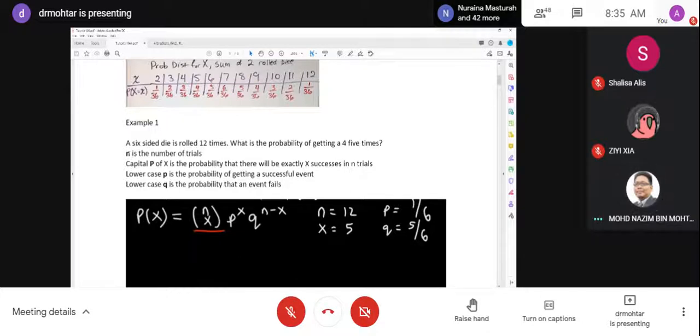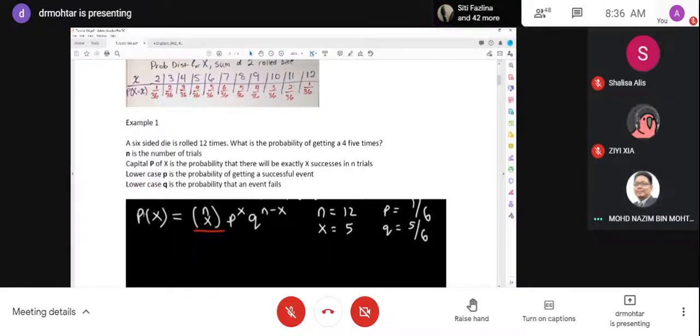So n is the number of trials. Capital P of x here is the probability that there will be exactly x successes in n trials, lowercase p is the probability of a successful event, and lowercase q is the probability the event fails.